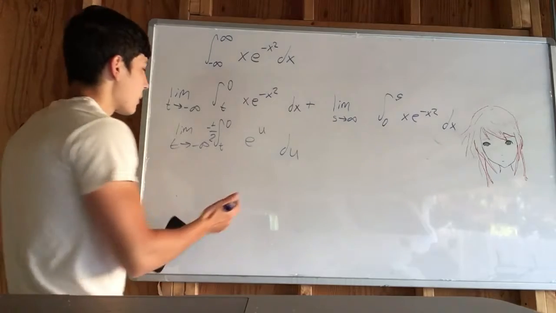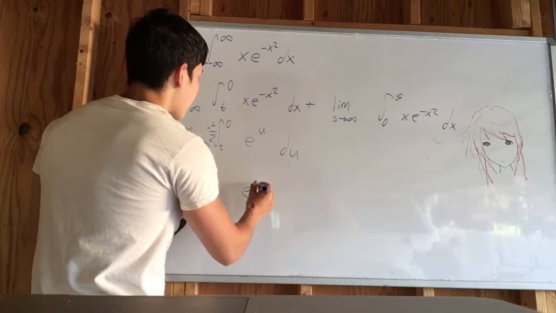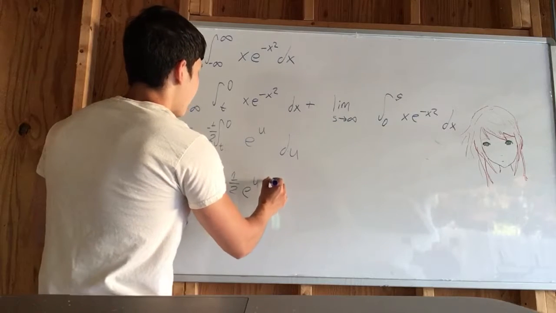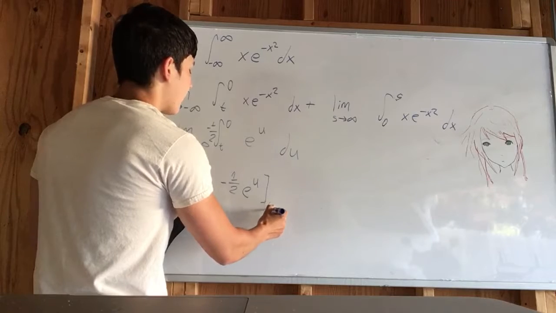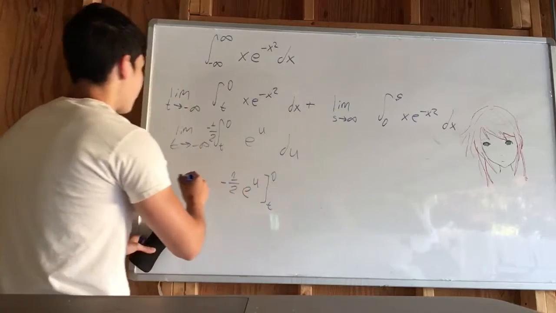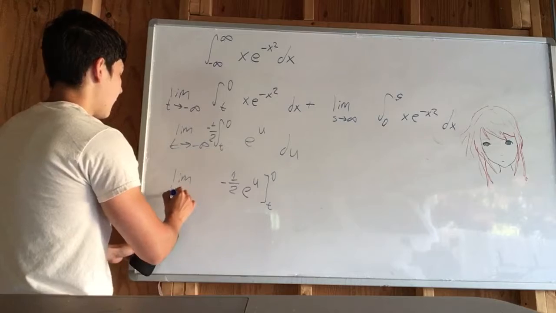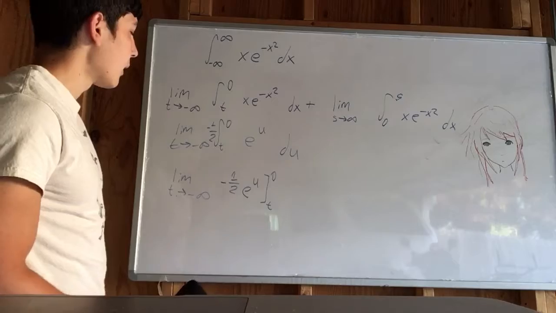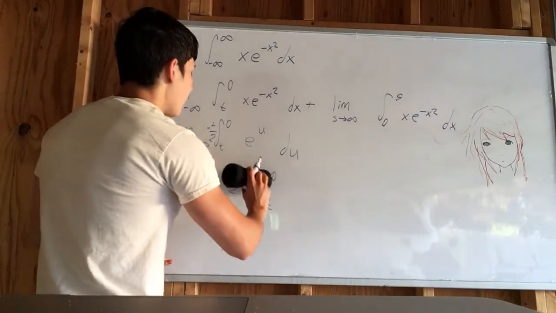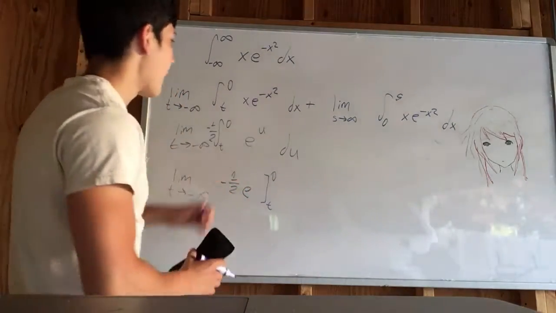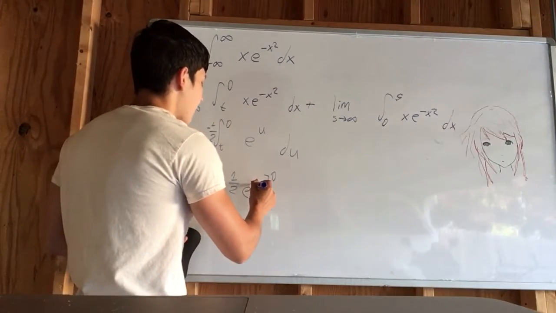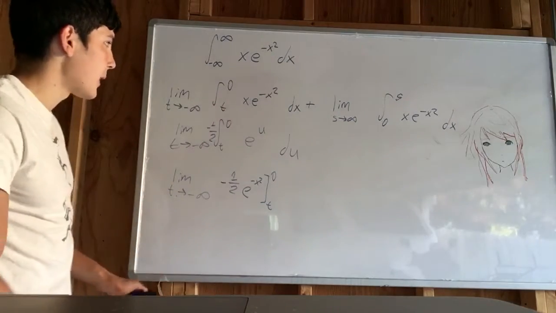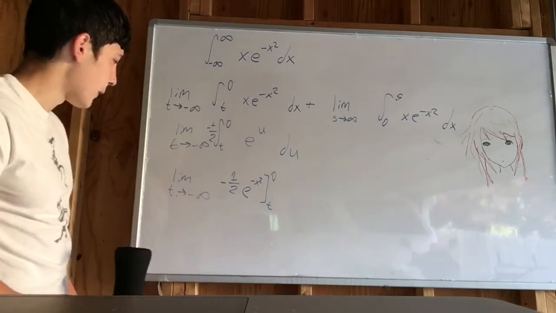So when we integrate this, we just get e to the u times negative 1/2, and we're going from the bound from t to 0 as the limit of t goes to negative infinity. We have to replace this back with x, negative x squared, if we don't want to change the bounds. Since we didn't, we have to replace it with the x version of u.